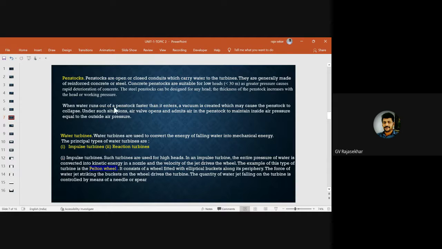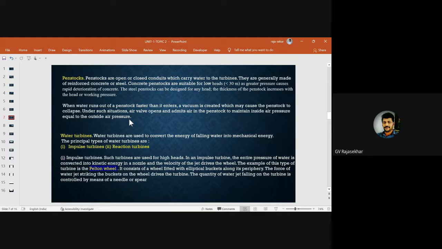When water runs out of the penstock faster, a vacuum is created which causes the penstock to collapse. Under such a situation, an air valve opens and admits air into the penstock to maintain inside air pressure equal to the outside air pressure. Imagine that there is a penstock of huge length, where inside there will be some air.